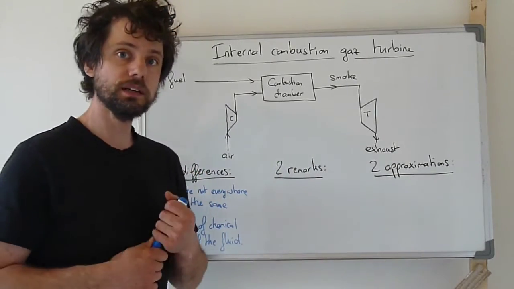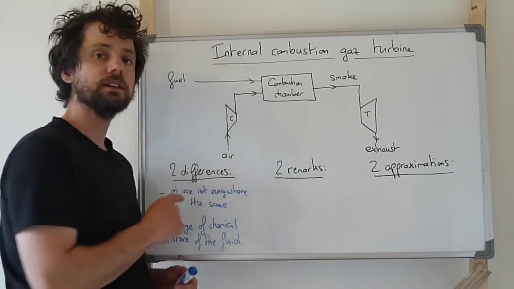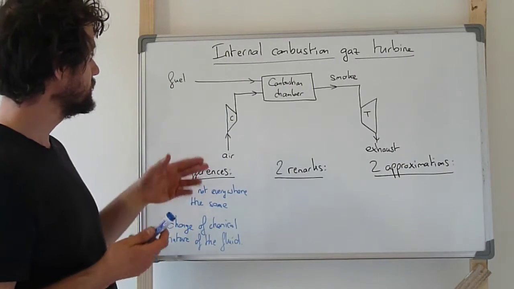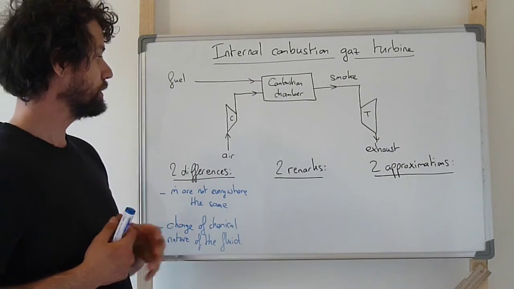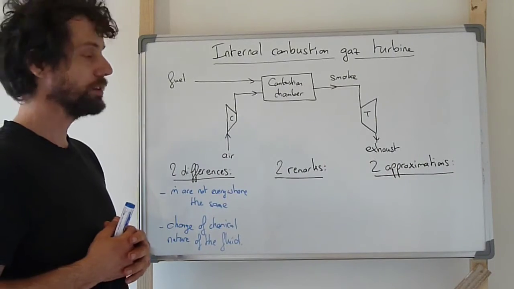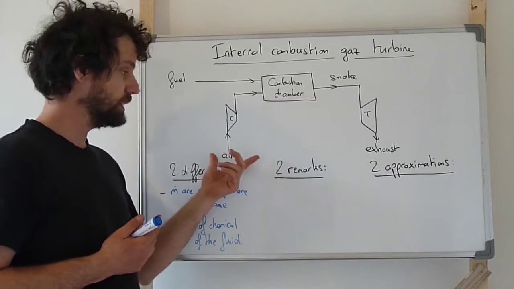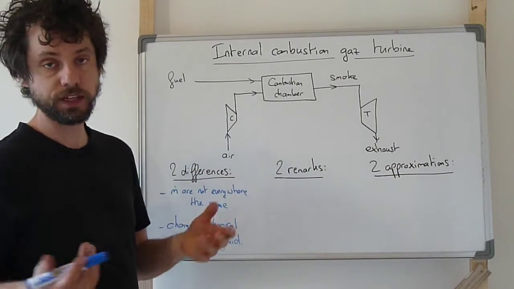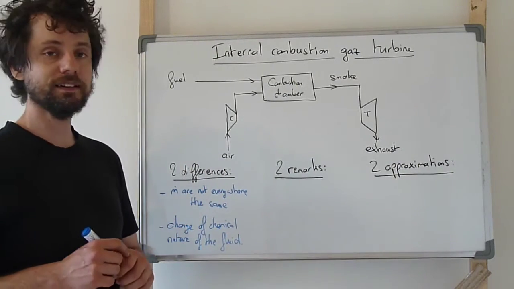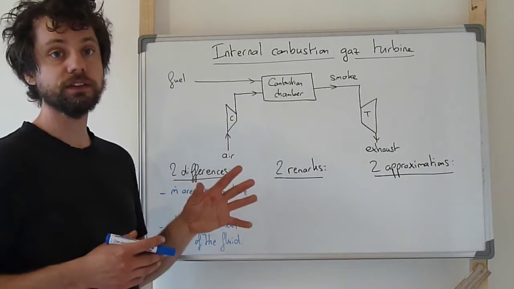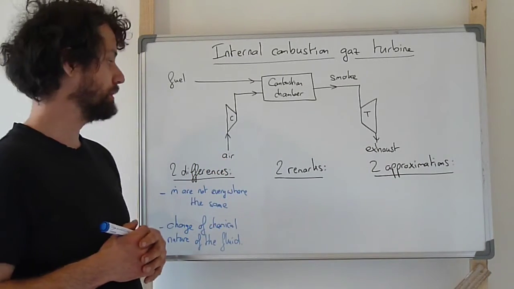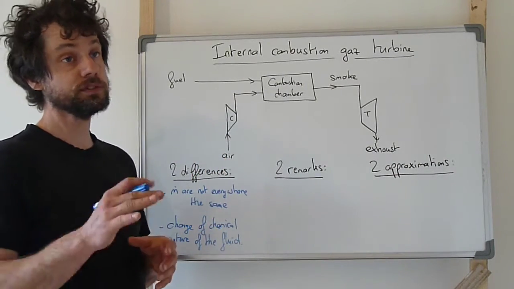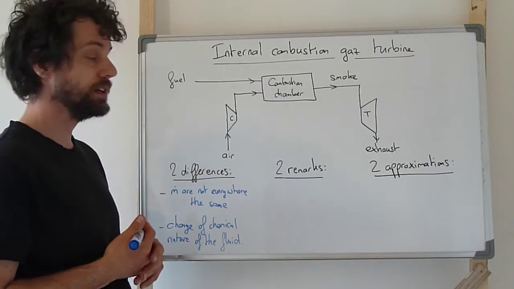The first remark is that the combustive is not directly dioxygen, which is used for the combustion of the fuel, but it's air. And air is a mixture of many different gases, but mainly 76% of mass of nitrogen and most of the rest of dioxygen.